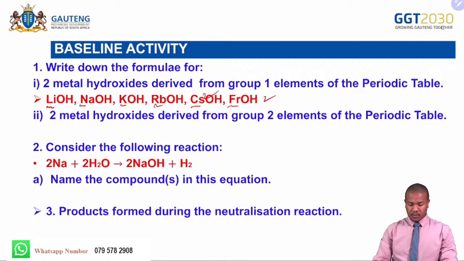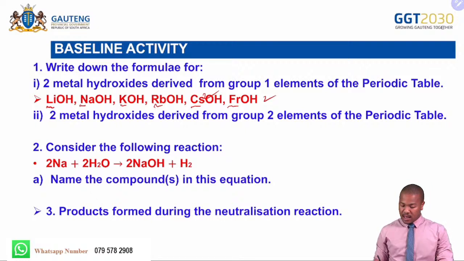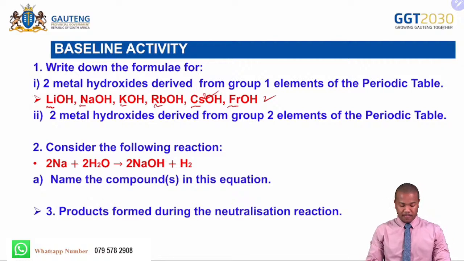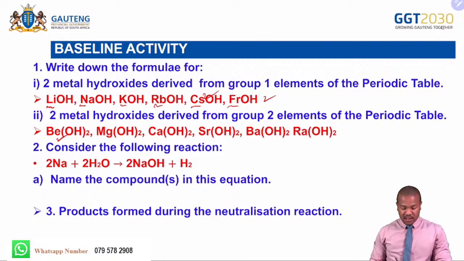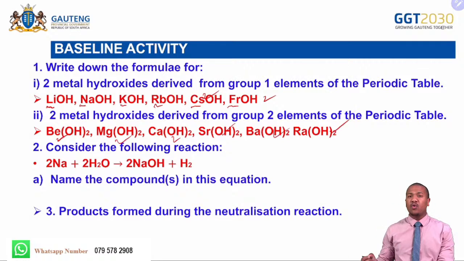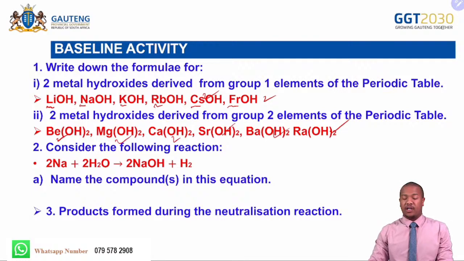Number 2, 2 metal hydroxides derived from group 2 of the elements of the periodic table, right? It is beryllium hydroxide, magnesium hydroxide, calcium hydroxide, and whatever 2 that you have written from there, right? So now, number 2, consider the following reaction. It is sodium plus water forming sodium hydroxide plus hydrogen, right?